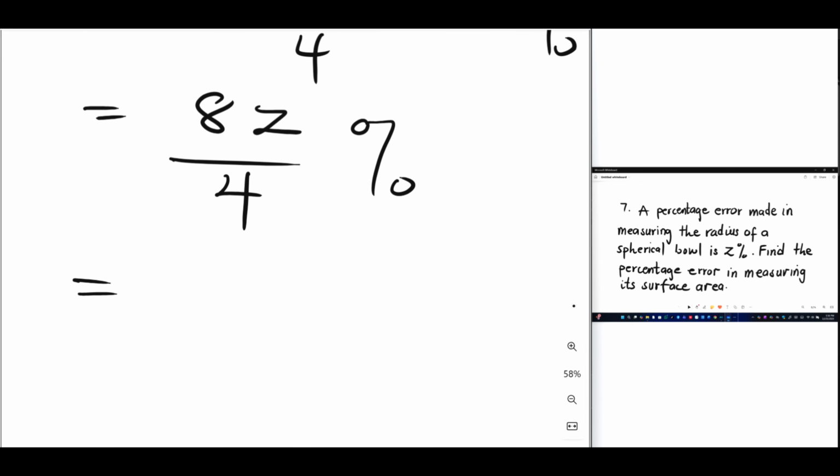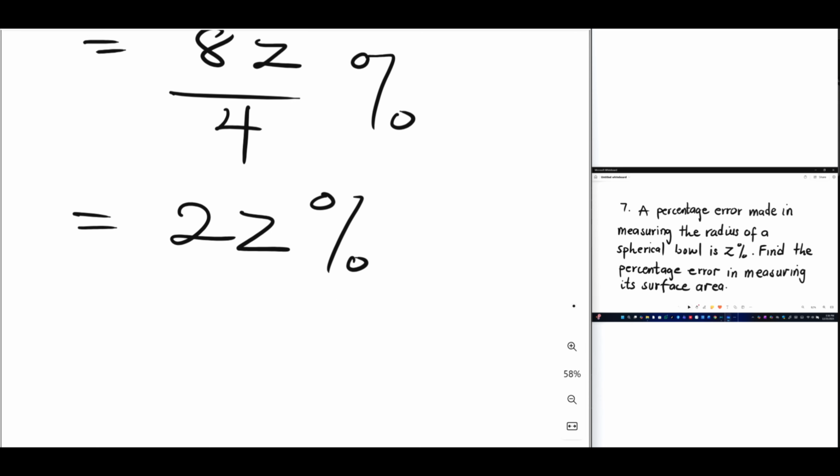Then here we get a result of 2Z%. So we conclude that the corresponding percentage error in measuring the surface area of the spherical bowl, when a Z% error has been committed in measuring the radius, is 2Z%.